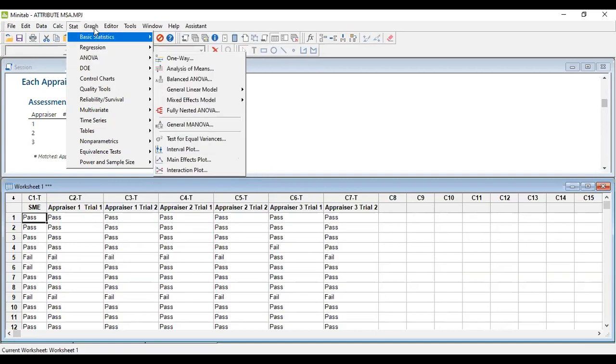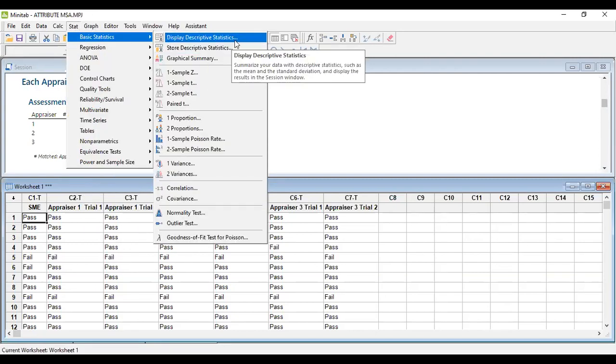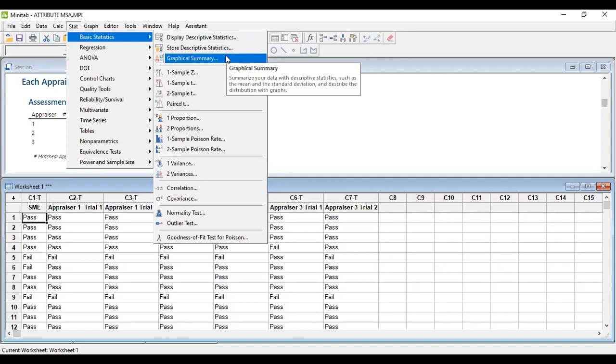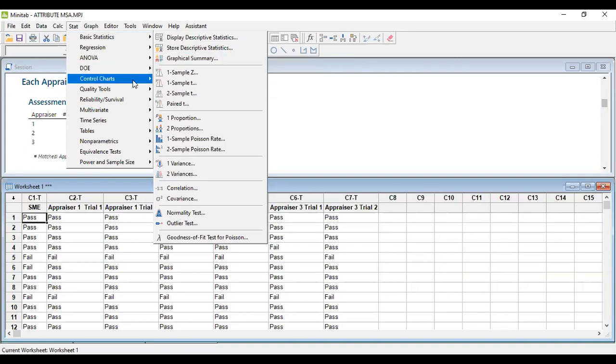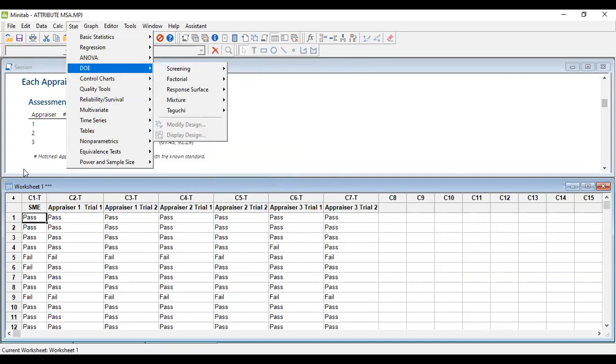If I want to get basic statistics on mean, median, standard deviation, or if I want to showcase that in a graphical way of distribution, I could use this tool.